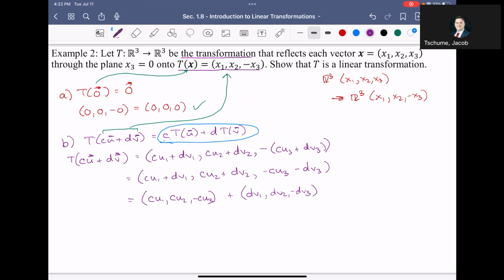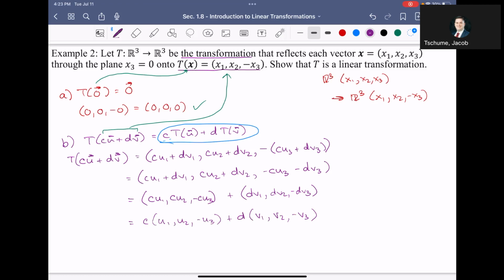Now, in the formula, you need to factor out the c and the d because those are your constants here. So this comes out to be c times the vector u1, u2, negative u3, plus d times the vector v1, v2, negative v3.